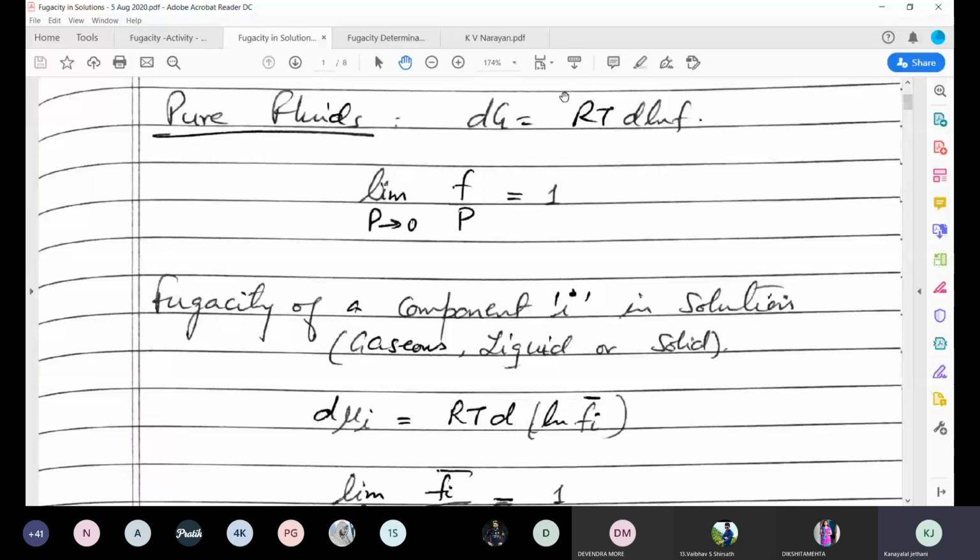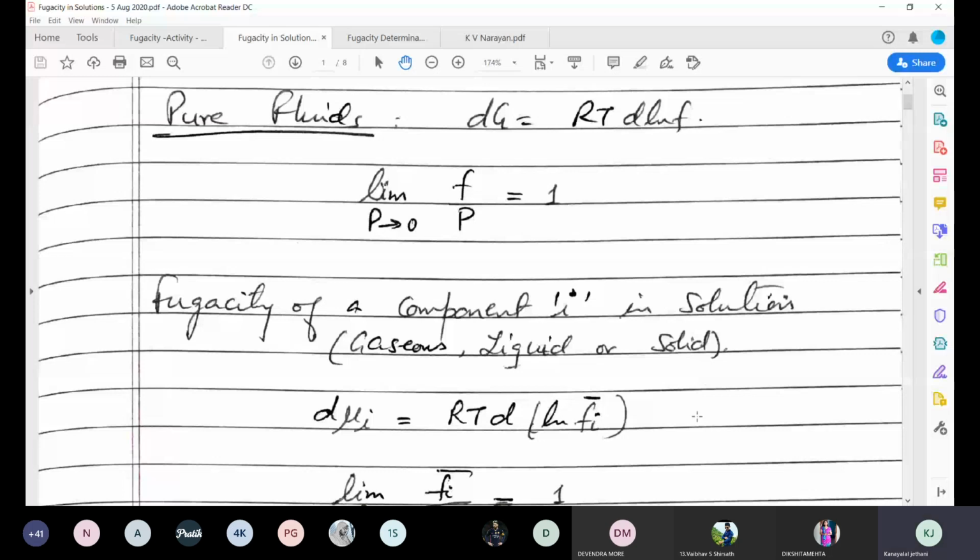So we cannot take G here because we're talking about solutions here. G here we're talking about pure fluids. So we replace G with mu i, this is partial molar Gibbs free energy. And RT d ln f की जगह पे we are talking about fi bar, that means fugacity of component i in solution.